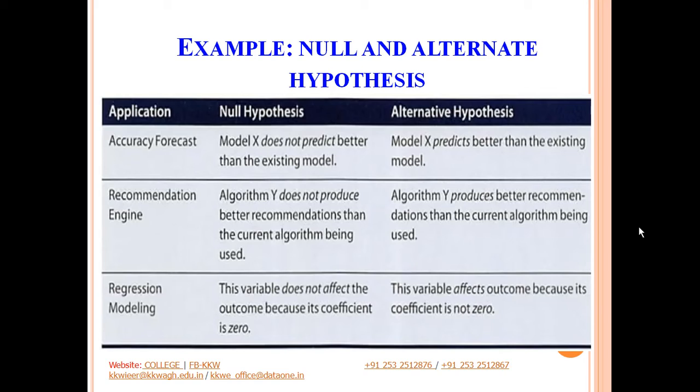So likewise, you have the third example of regression modeling, wherein the null hypothesis says a variable does not affect the outcome because the coefficient is 0, and the alternate hypothesis would be the reverse of it, that is, the variable affects the outcome because the coefficient is not 0. So these are the few examples.